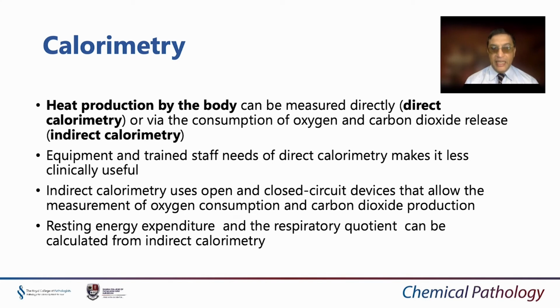Alternatively, it can be done indirectly, where the consumption of oxygen and the production of carbon dioxide can be quantified. Indirect measurements utilize open and closed circuit devices and thus enable the amount of oxygen consumed and carbon dioxide excreted to be measured, and then the resting energy expenditure and the respiratory quotient can be calculated from these measurements.